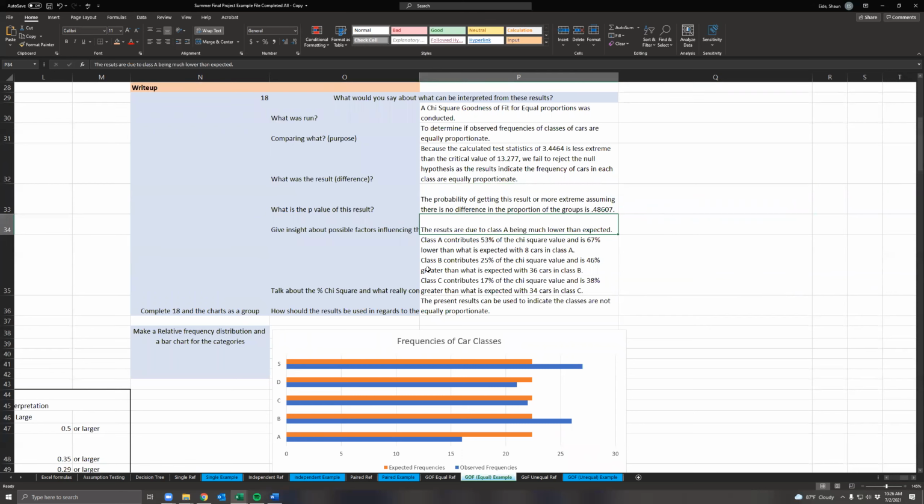The results are due to class A being much lower. So give insight about the possible factors influencing this.